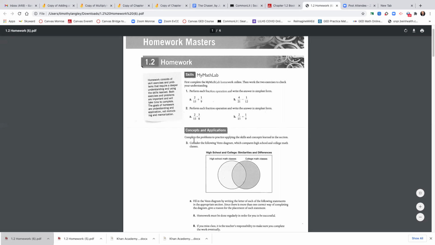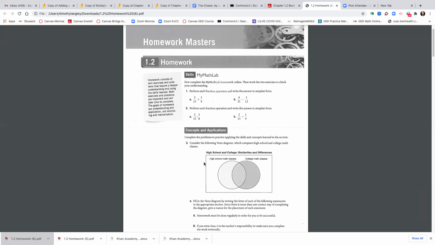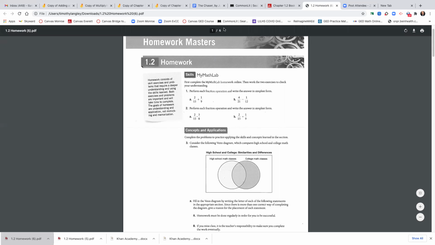Go down, you'll type number 3, type your answers, okay? You don't have to show all your work, just type your answers. I want to see that you got the right answer, okay? That's how you do your book homework.